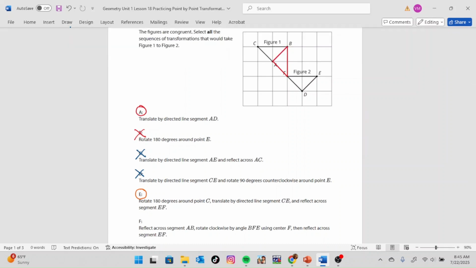Step 2, rotate clockwise by angle BFE using center F. So we're going to rotate clockwise, and that is going to create this blue triangle right here.